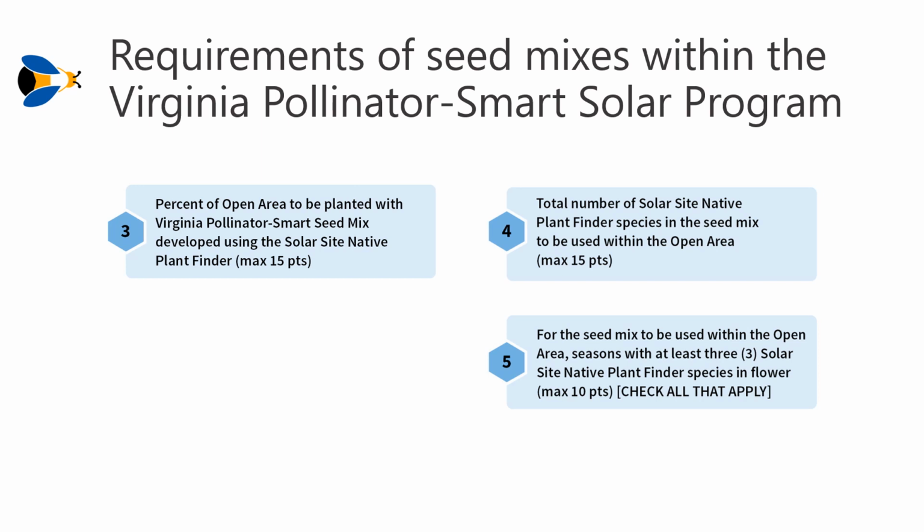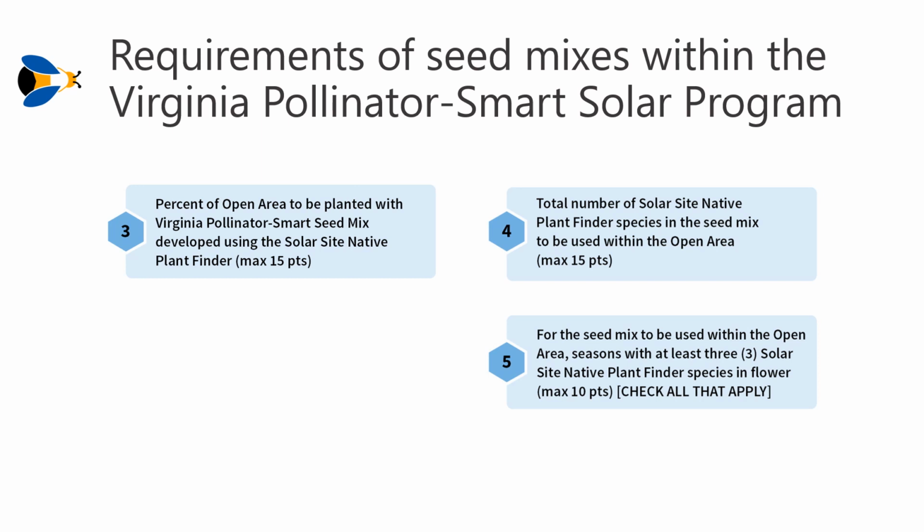The reason we've designed the Virginia Pollinator-Smart Solar Seed Mix as such is because in the open area, which is the only area where this seed mix requirement appears, there are typically fewer site constraints. So we really want to encourage you to maximize your use of this area for high quality pollinator habitat. Question 3 on this scorecard deals with the amount of acreage that you're planning to plant with that seed mix.